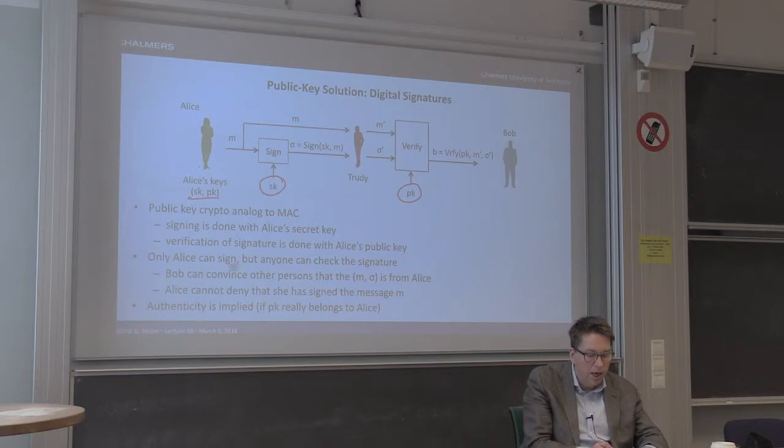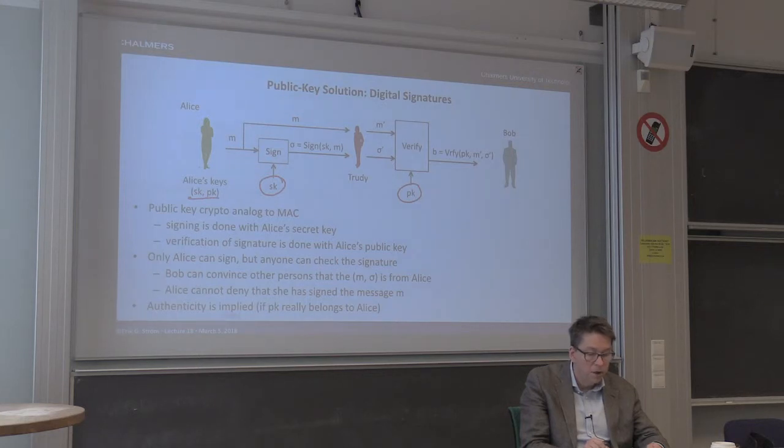The good thing is that anybody can check the signature, not only Bob, because the signature checking is based on the public key, which means that a court of law, for instance, can check that this message comes from somebody who has access to Alice's secret key. So Alice cannot deny that she has signed the message, other than to say somebody stole my secret key. That's the only defense.